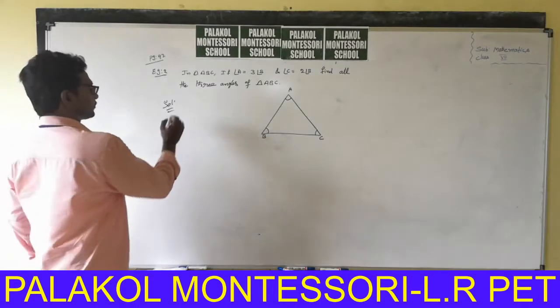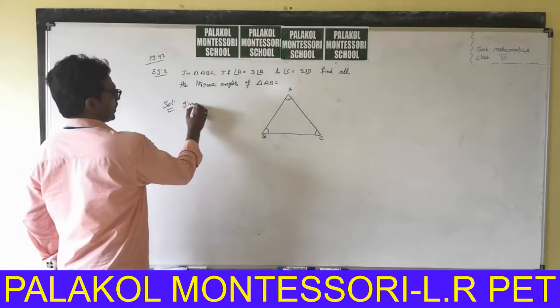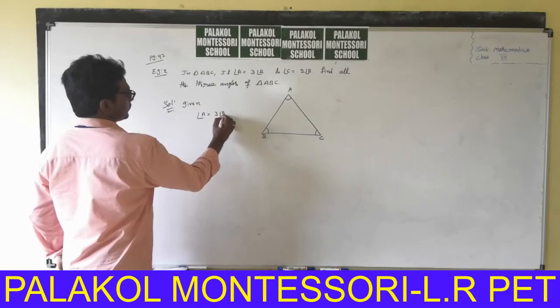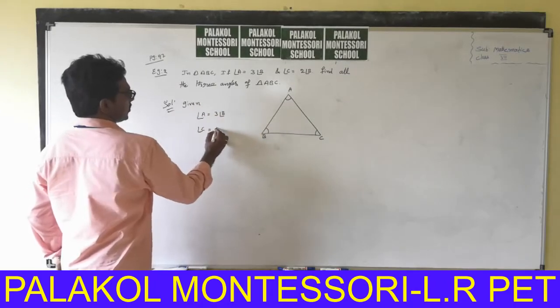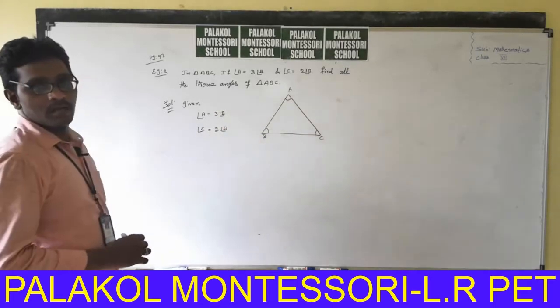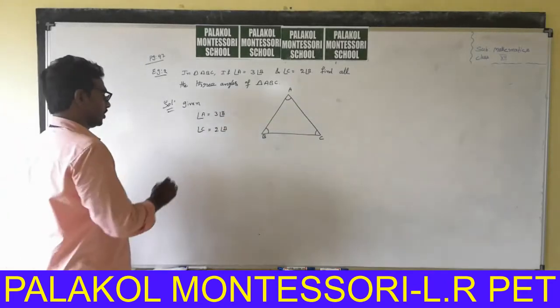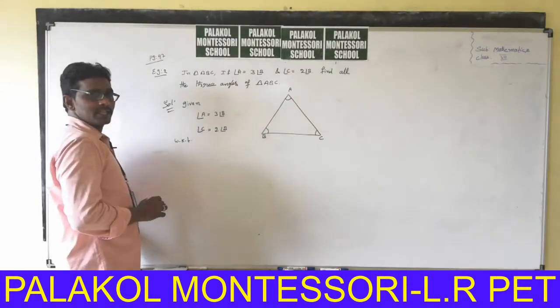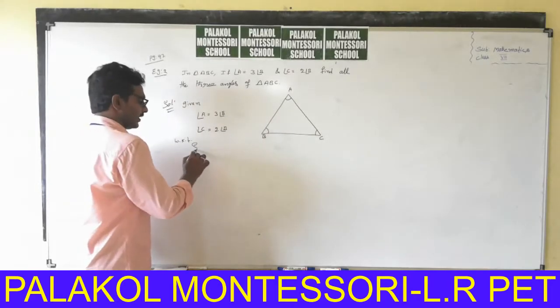Okay, given angle A is equal to 3 angle B, angle C is equal to 2 angle B. Find all the angles. You know that the sum of the three angles in a triangle is 180 degrees.